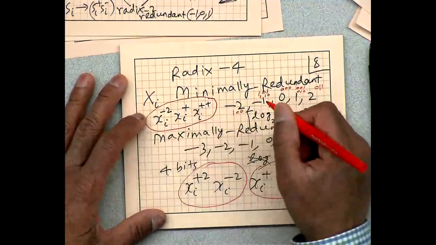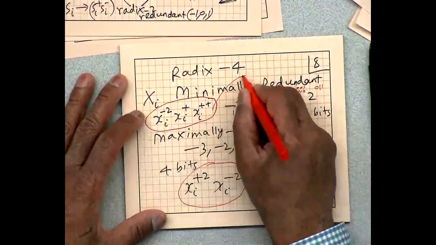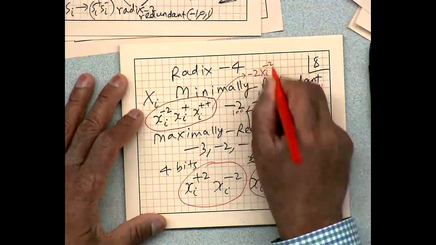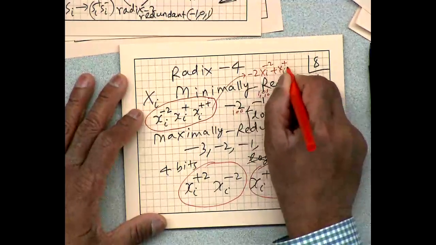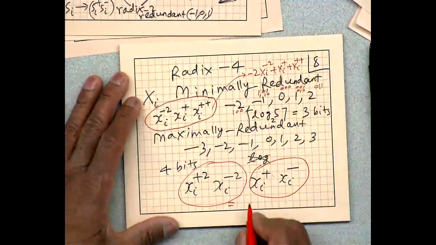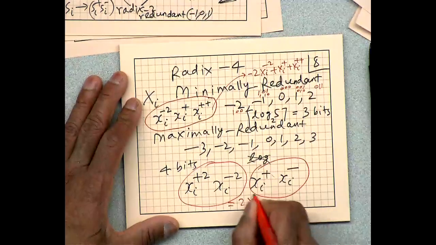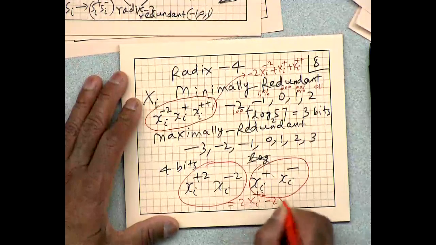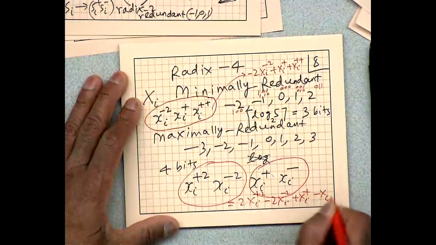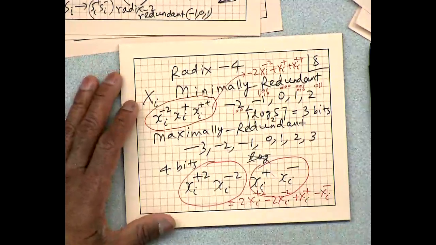The arithmetic value of this quantity is minus 2x minus 2 plus xi plus xi plus plus. The arithmetic value here is 2 times xi plus 2 minus 2 times xi minus 2 plus xi plus minus xi minus. That's the value of the digit.